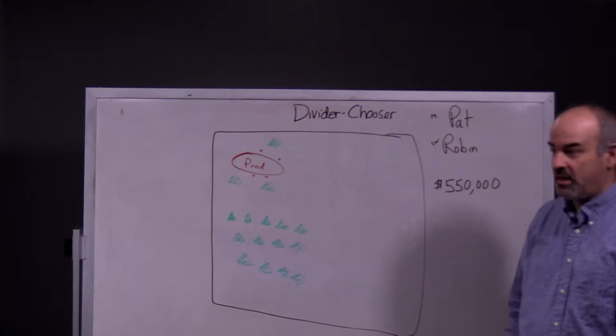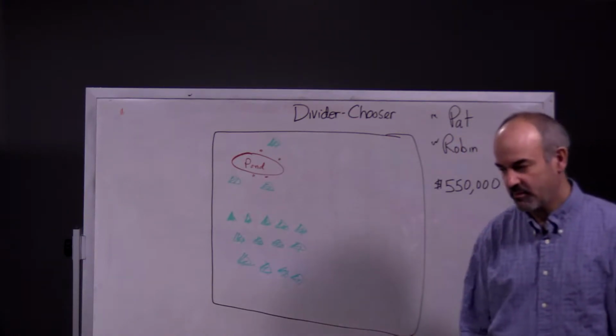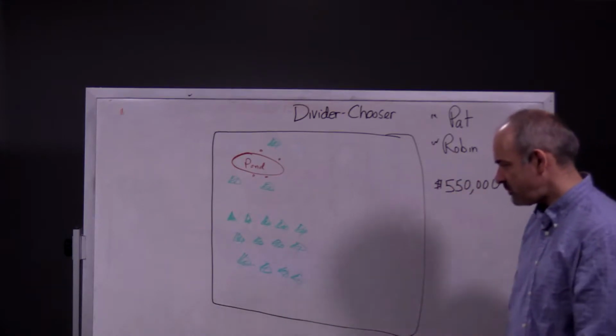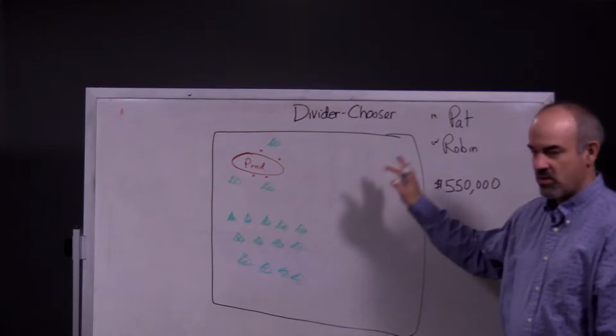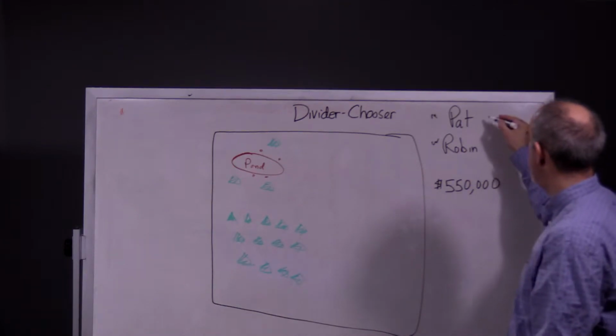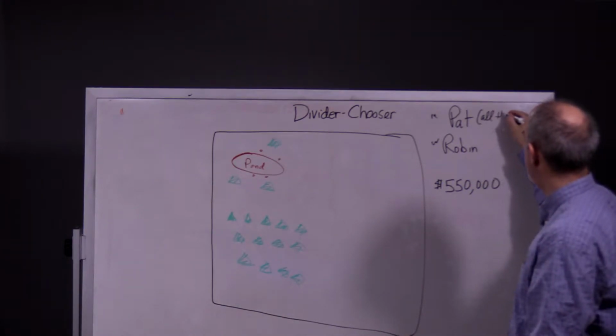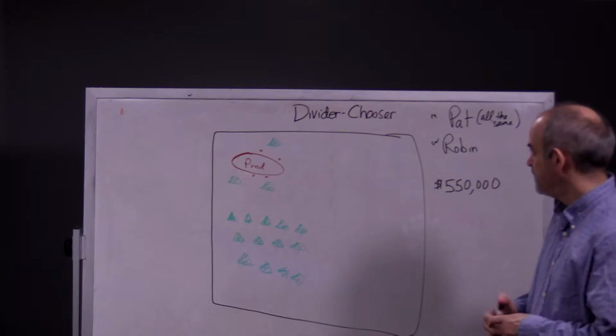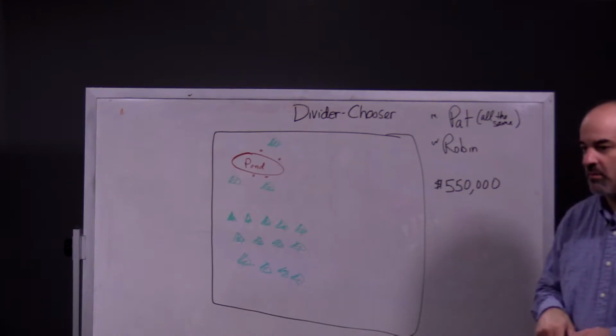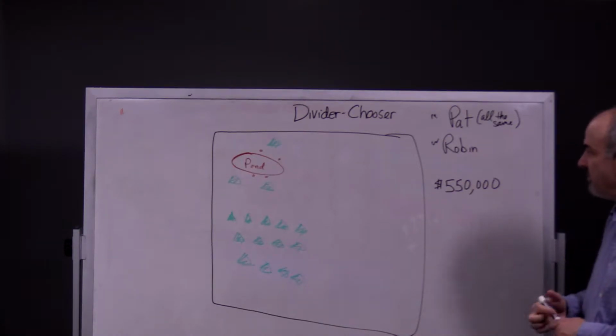So Pat doesn't care about what's on the land. He values it all equally, so all the same. Now remember, Robin doesn't know this. Pat knows it. Obviously, he knows what his preference is. Robin doesn't know that Pat values it all the same.